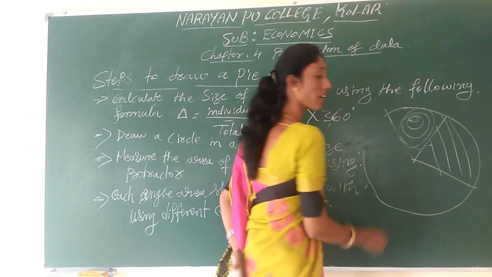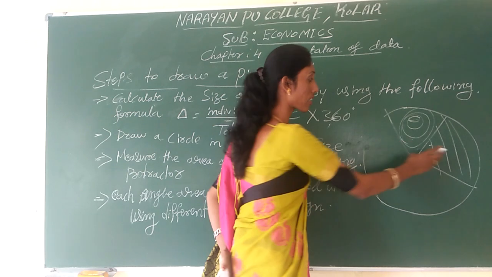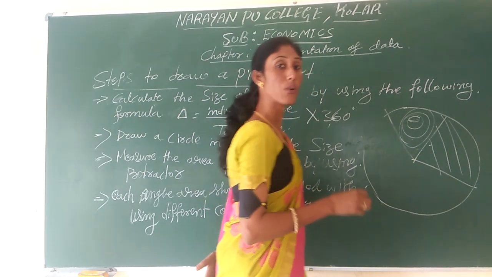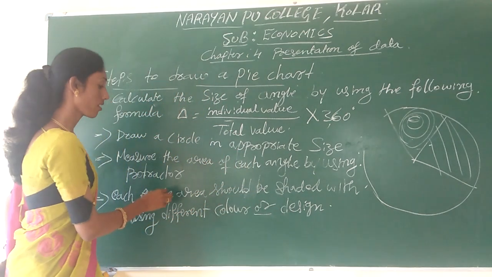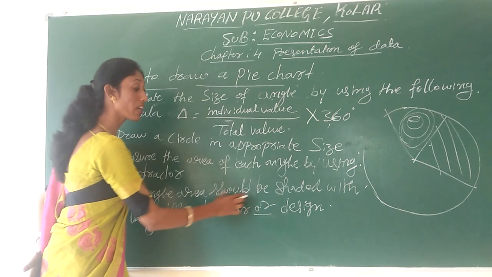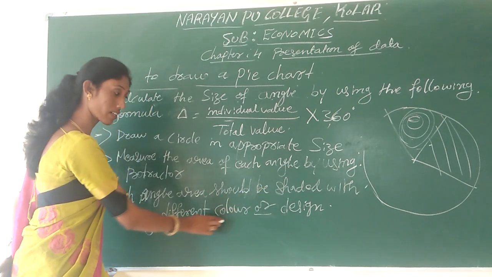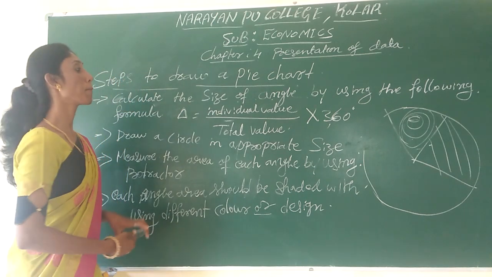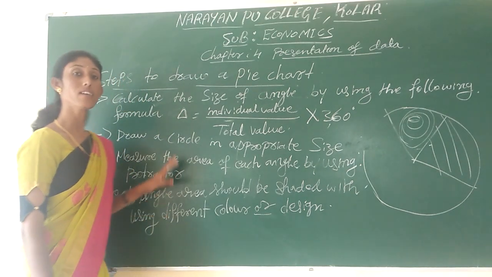This shaded area is showing what kind of data. For that clarity, each angle area should be shaded with different colors or designs. These are the main 4 steps to draw a pie chart.